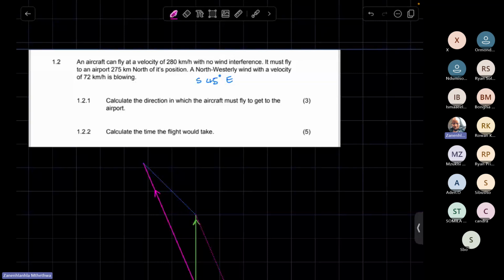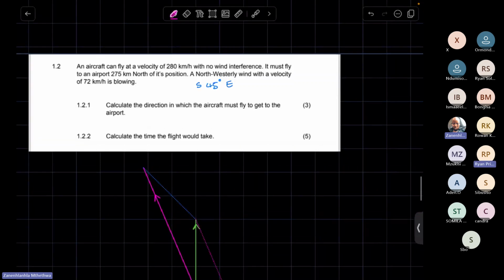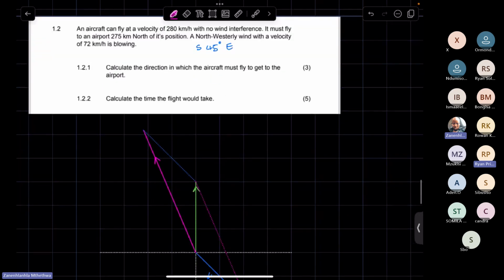You asked if you would be wrong if you drew the vector in the northwest quadrant. Well, yes, because remember we do not draw vectors in a direction that is pointing towards the point of intersection. Our vectors must always be pointing away. So yes, you'd be wrong.